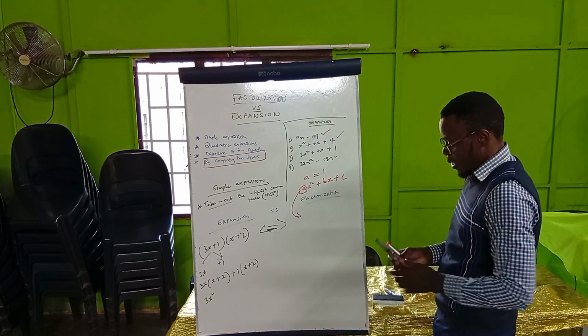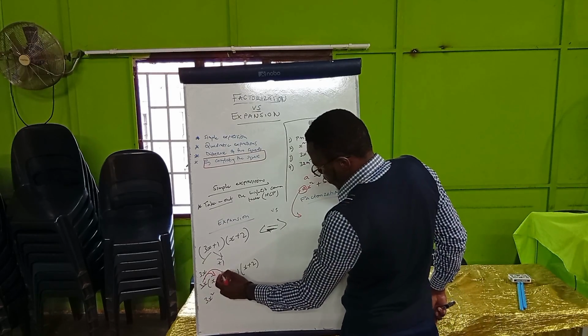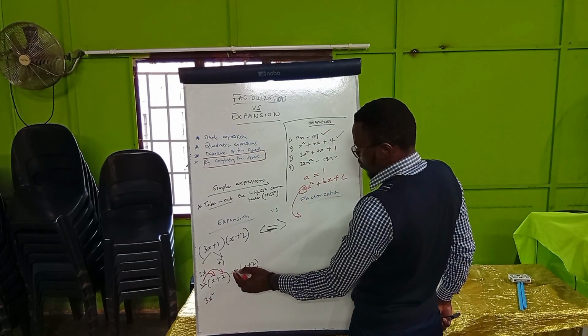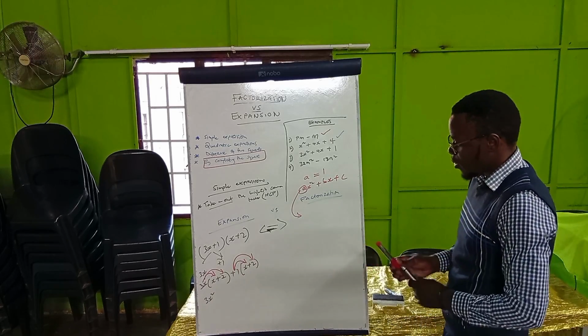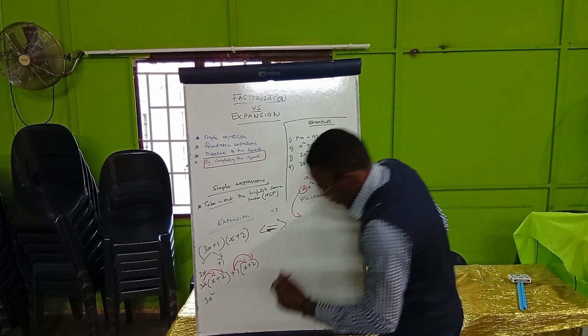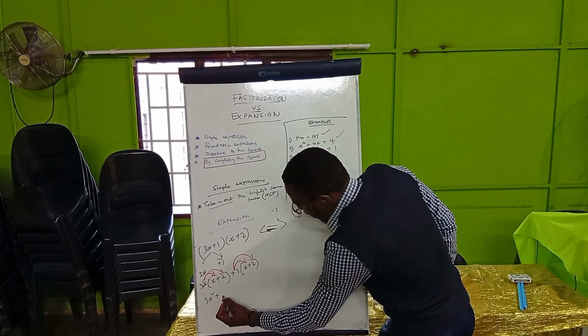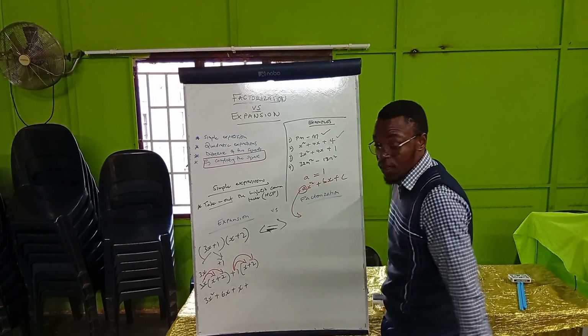Again, let me highlight. It is 3x times x, 3x times 2, and positive 1 times x, positive 1 times 2. So this gives us 3x squared plus 6x plus x plus 2.